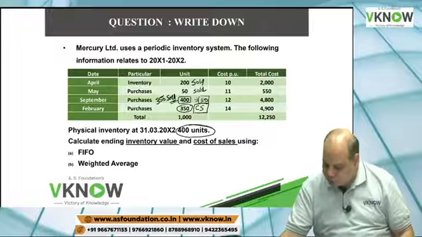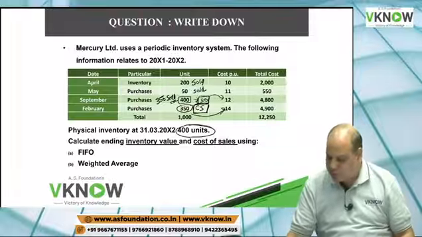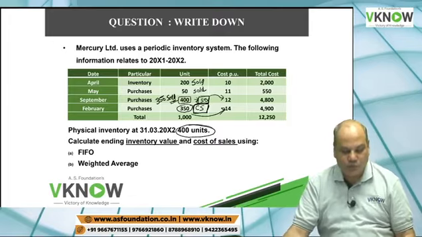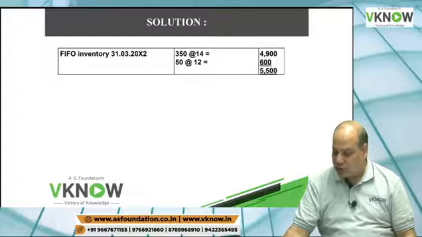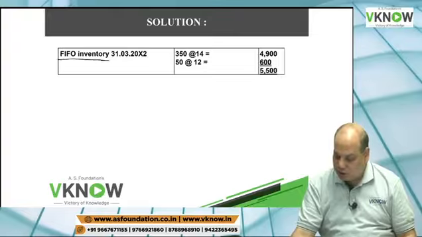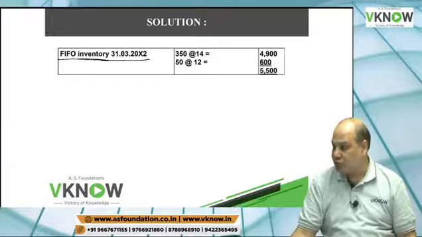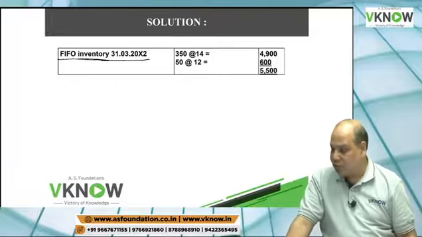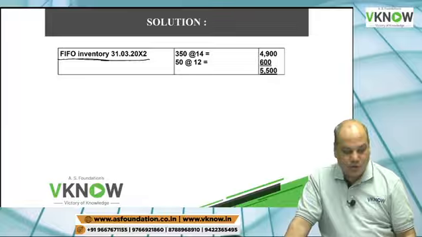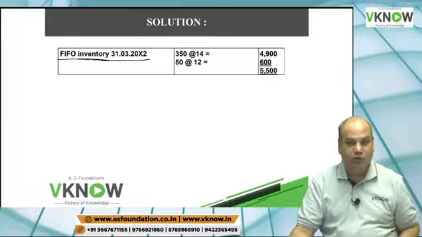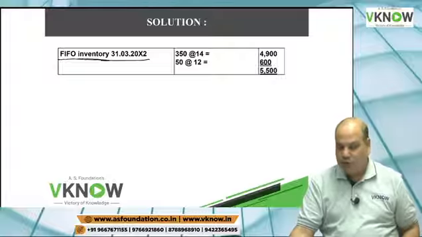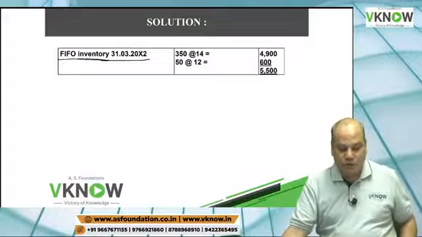And what is in the closing stock? This 50 and this 350. So 50 into 12 I will do, and 350 into 14 I will do. That will give me FIFO closing inventory value on 31st March 2002.